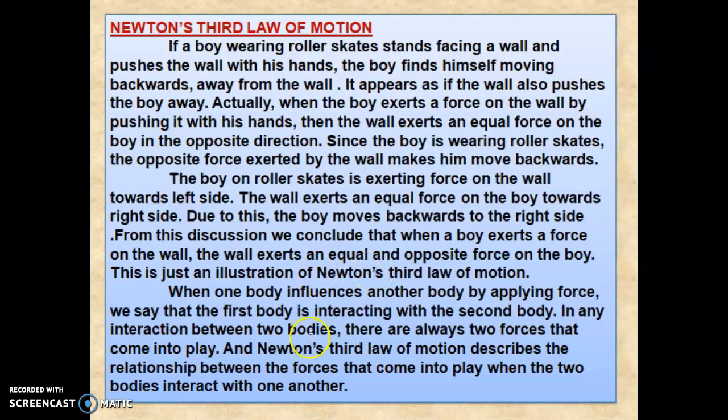When one body influences another body by applying a force, we say that the first body is interacting with the second body. In any interaction between two bodies, there are always two forces that come into play. Newton's third law of motion describes the relationship between these forces when the two bodies interact with each other.